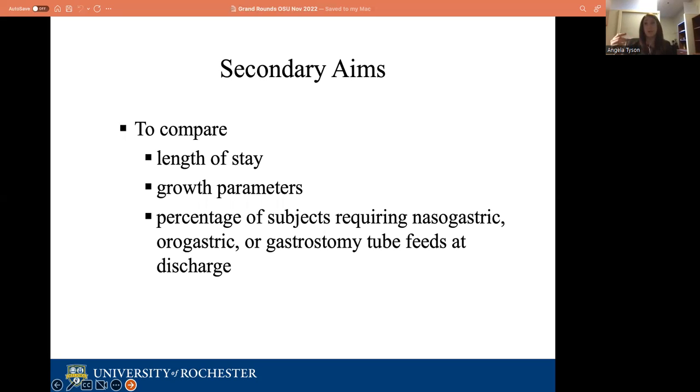Let's say this study is all done and my TEMP scores are not changed at all, or they're worse in the OMM population. Well, when you come up with secondary aims, these are things you're pretty dang sure you're going to see. The reason they're not my primary aims is because these outcomes have already been proven to be associated with OMM in premature infants in Italy.